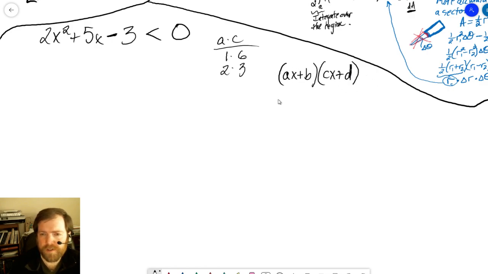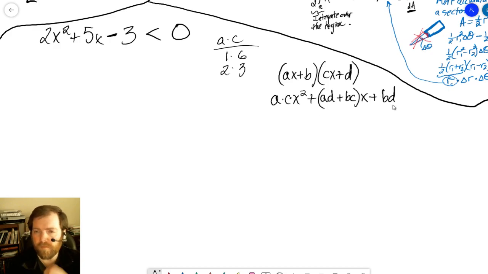If we multiply all this out, this becomes a times c x squared plus ad plus bc x plus bd. And what we've done here is we always say, oh, we're going to multiply our a value up front and our c value at the end.